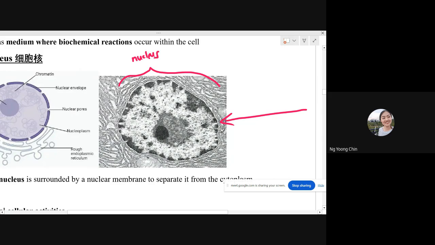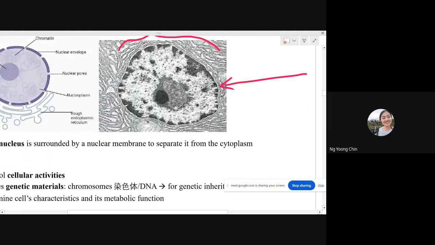But inside the nucleus, they do have a lot of small components. Inside the nucleus, they do contain the nucleolus. So this small spot is a nucleolus. You can draw down nucleolus.